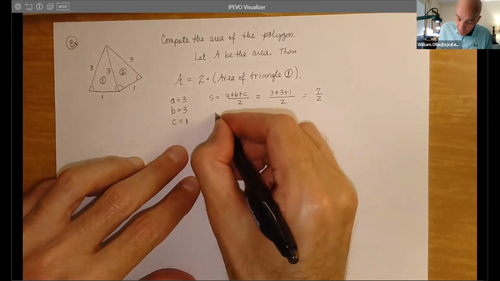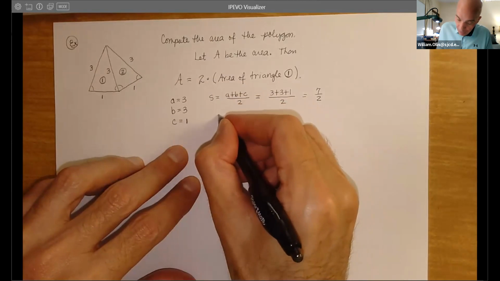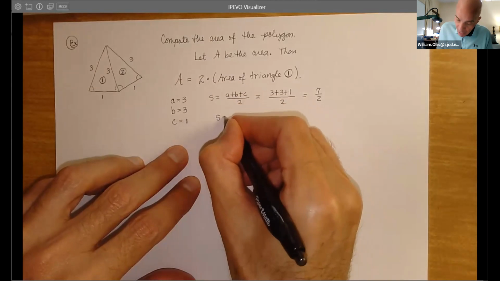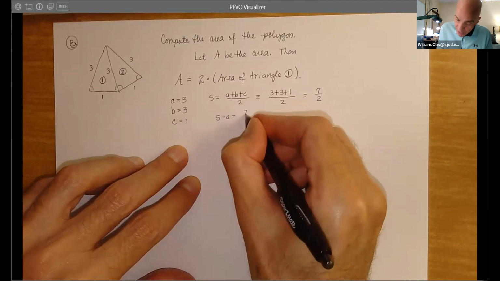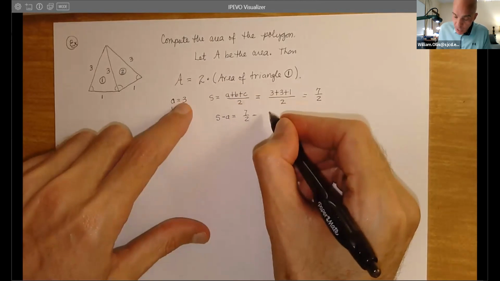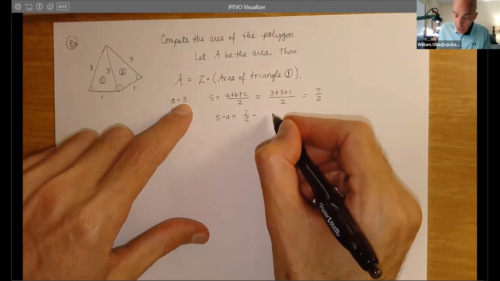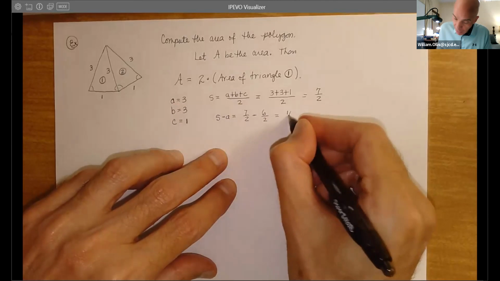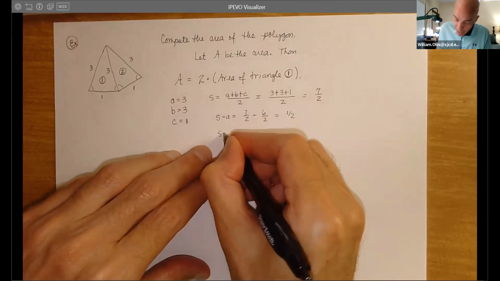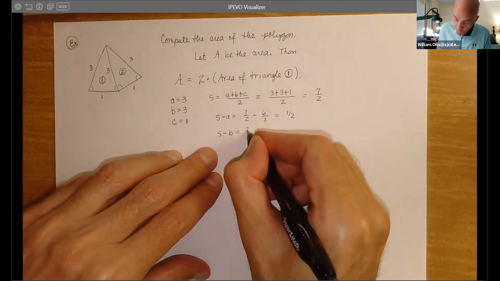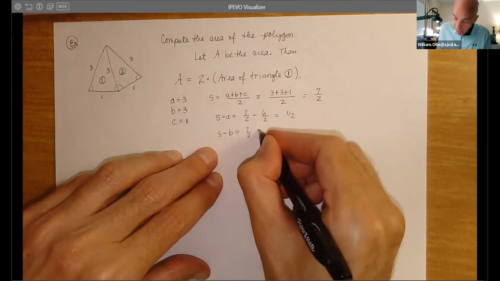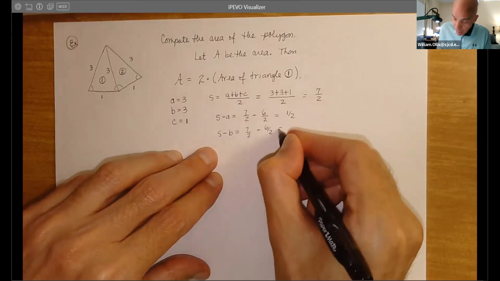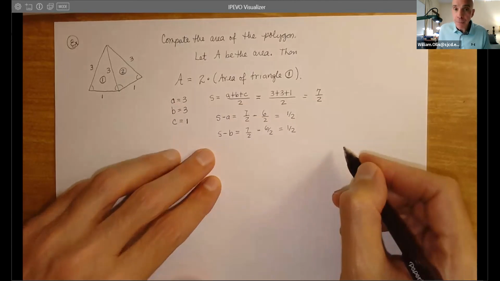And so now we got what? S minus A will just be 7/2. And of course, we'll write this with a denominator of 2. So this will be 6/2. So this will be 1/2. And then of course, S minus B, that's the same. Let's just write it down. 7/2 minus 6/2, which is 1/2.